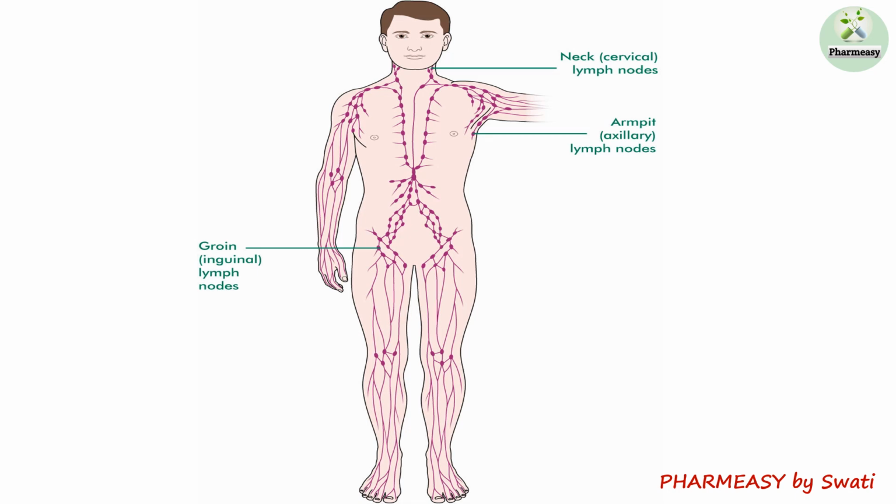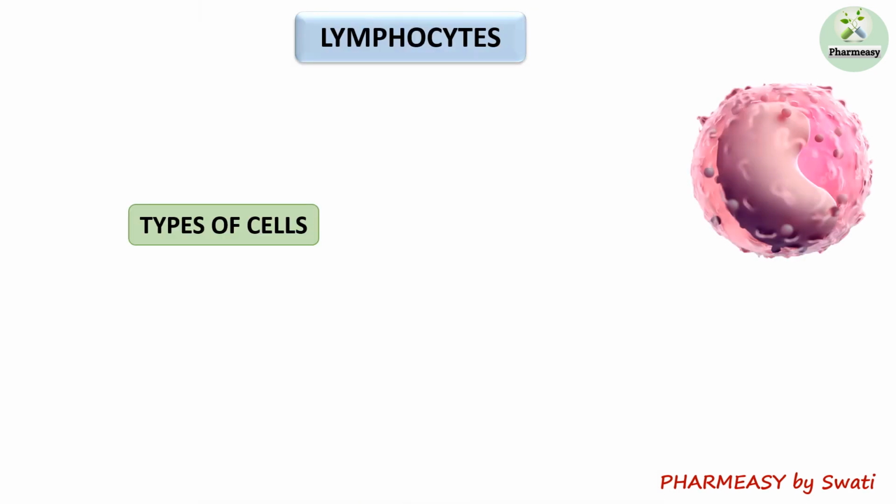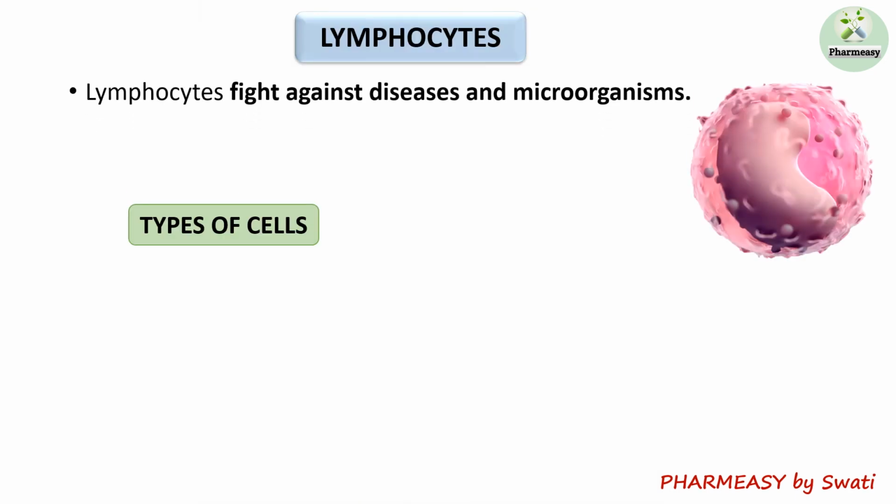Now, our next topic is lymphocytes. These are the cells present in lymph and fight against diseases and microorganisms. These lymphocytes are responsible for maintenance of immune system. It has three types of cells, that is T cells, B cells, and macrophages.